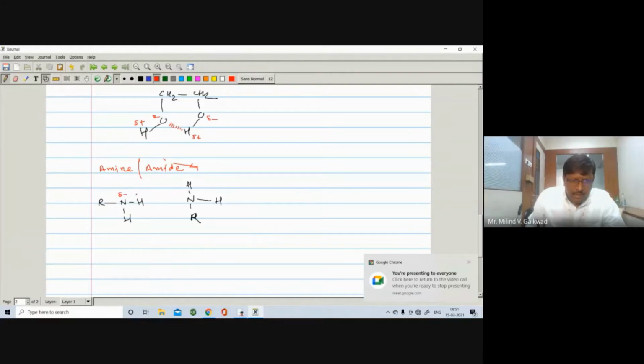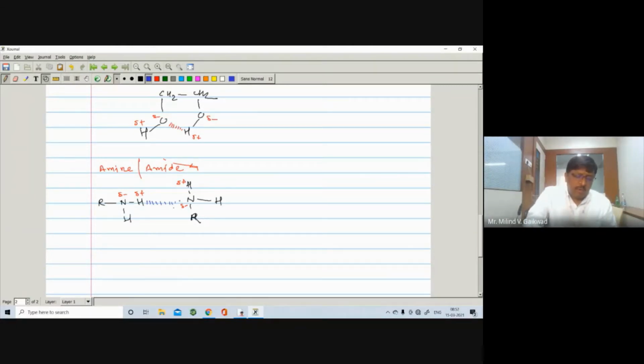Partial negative, partial positive. Here also partial negative and partial positive. So there is formation of hydrogen bonding. As there are two NH bonds, it can form hydrogen bonding with these two hydrogens.